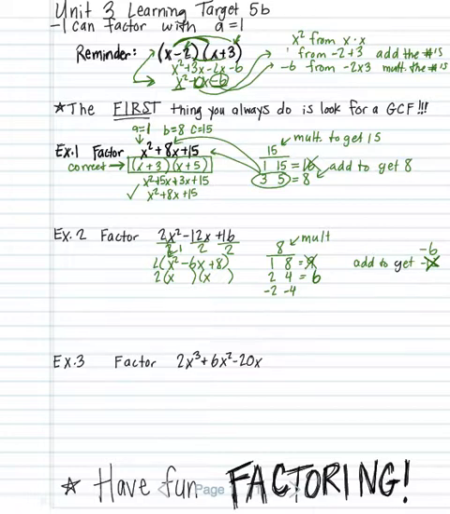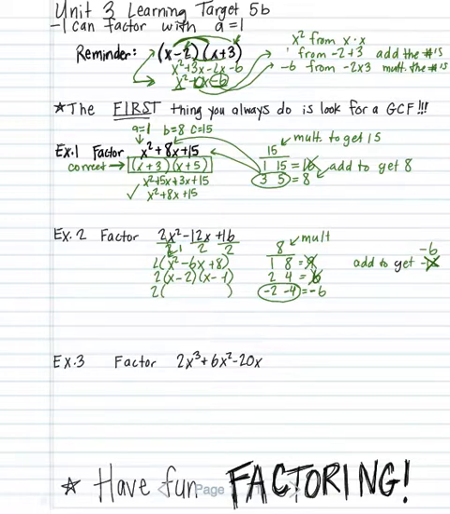One more example. Factor 2x to the third plus 6x squared minus 20x. So greatest common factor, looking at our numbers, we can take out a 2. And each term has at least one x. So we're going to take out a 2x. 2x goes up front.